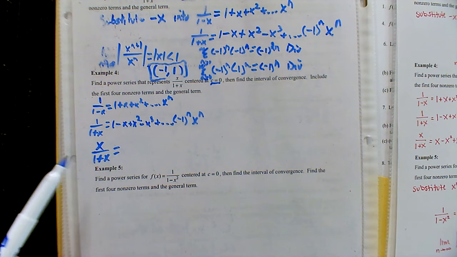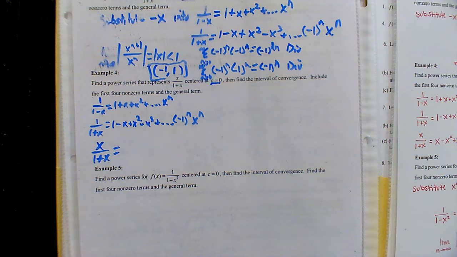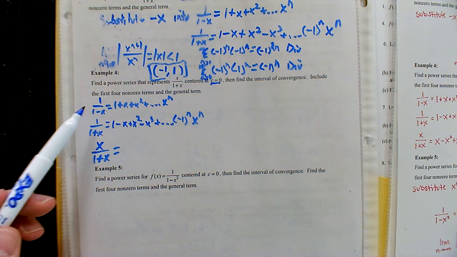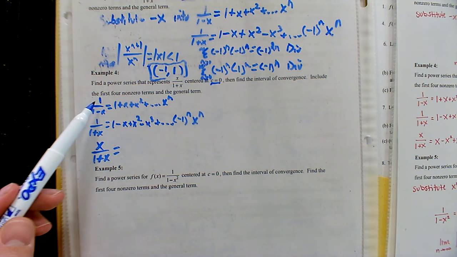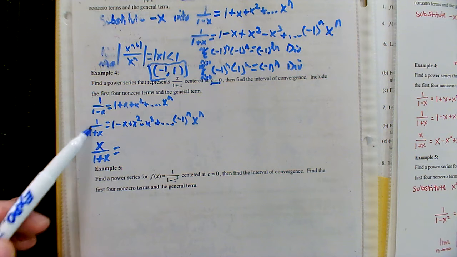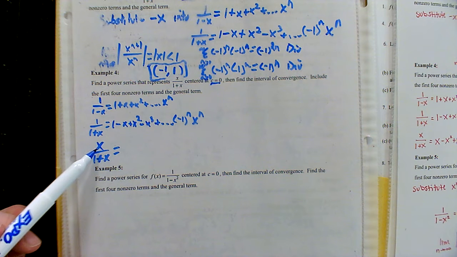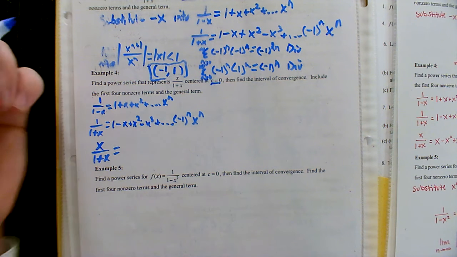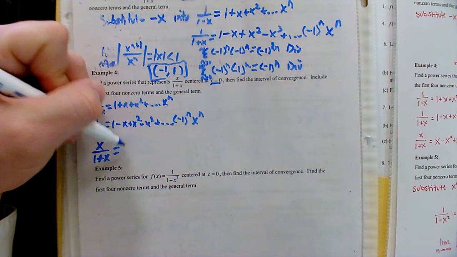So what changed with this example 4 compared to example 2 and 3? What do we need to do? Multiply by x. Okay, multiply it by x. Another way to think about it, the top, if we think about geometric series, was our first term. So examples 1 and 2, our first term was 1. This one, what's our first term going to be? X, yes. Another way to think of it, like Eric said, multiplying it by x.